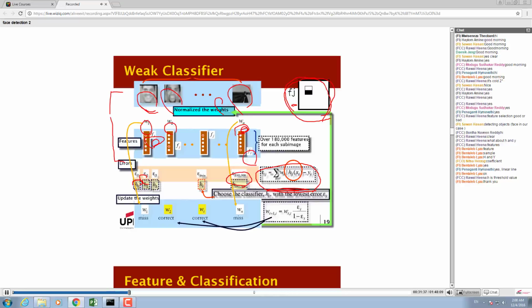And then the selected minimum one and the corresponding feature and weak classifier H will be the selected best weak classifier, the best feature at this step. Okay? And then the next step is to update the weight of every sample based on this selected weak classifier.